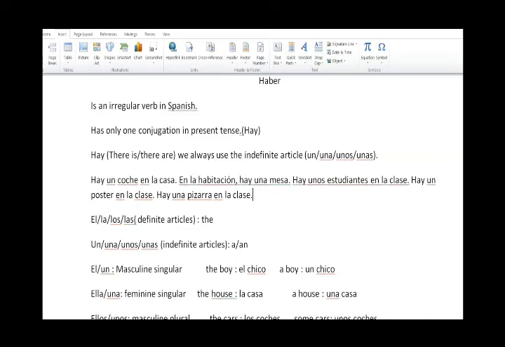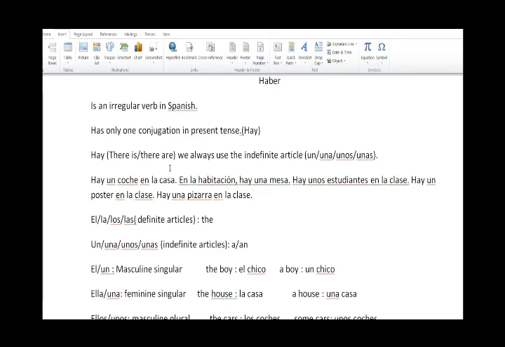Very simple. So this is the verb haber for you. It is very easy to learn and memorize because we just need to remember that haber is an irregular verb. In the present tense, there is only one conjugation, which is hay. Hay means there is or there are, and we always use the indefinite article with it, which is un, una, unos and unas.